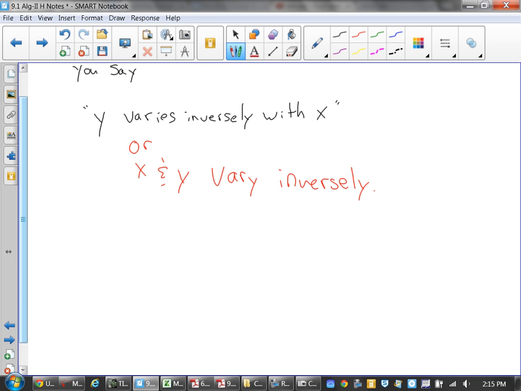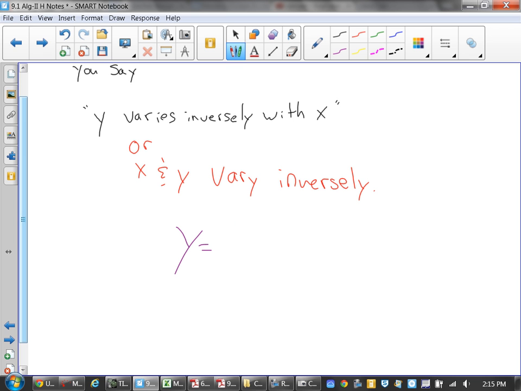The lingo here, when you're thinking of x's and y's, it's generally going to be y equals always on these things, because y is the f of x, it's the function that's being created. So x and y vary inversely means the same thing as y varies inversely with x. The book says it both ways, and that just means the following.